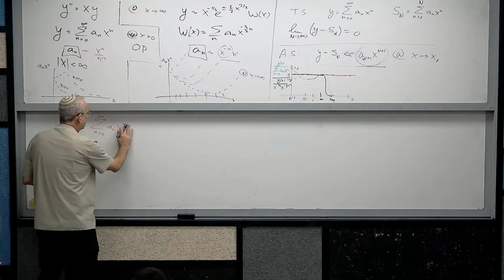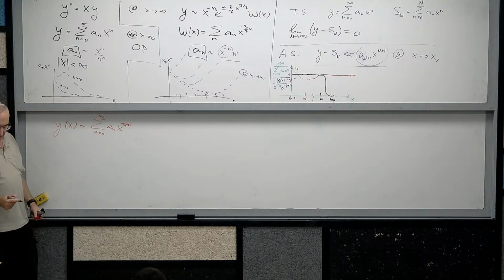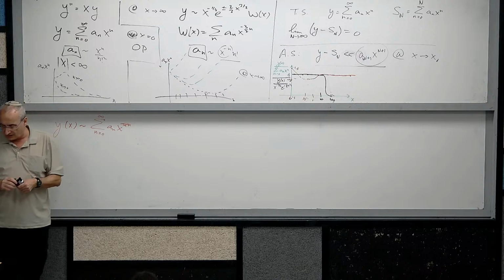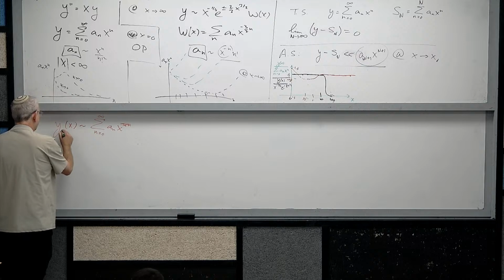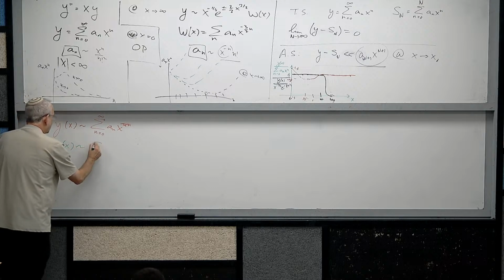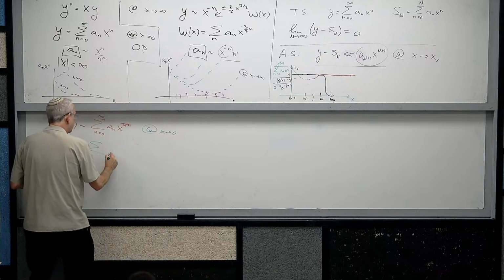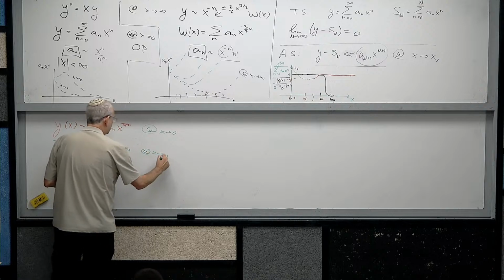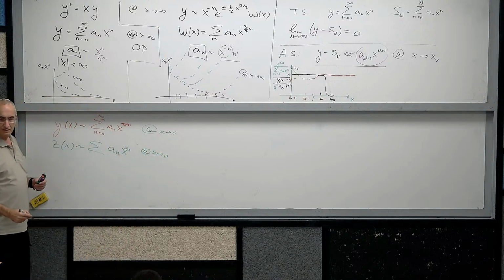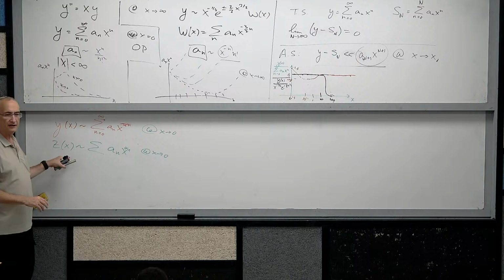I wrote n or alpha, whatever. So, first of all, I can find another function. Let's call this y of x, and let's call the other one z of x, that has the same asymptotic behavior as x goes to 0. So the same asymptotic behavior may characterize two different functions.